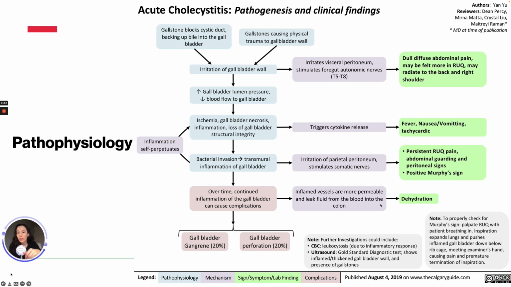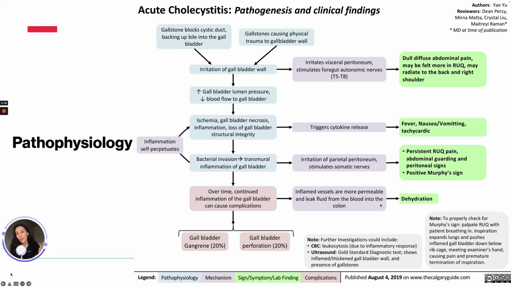This leads to ischemia, gallbladder necrosis, inflammation, and loss of gallbladder structural integrity, which can lead to a bacterial invasion and inflammation of the gallbladder. Over time, continued inflammation can cause complications such as perforation or gangrene.